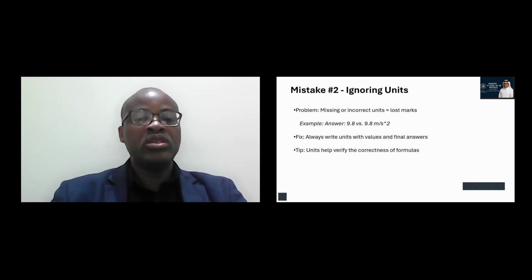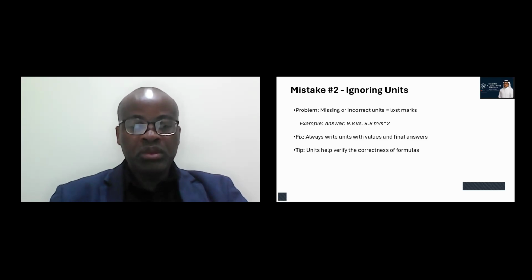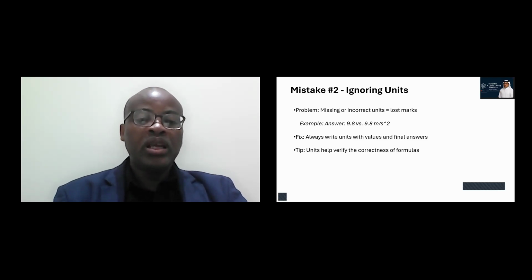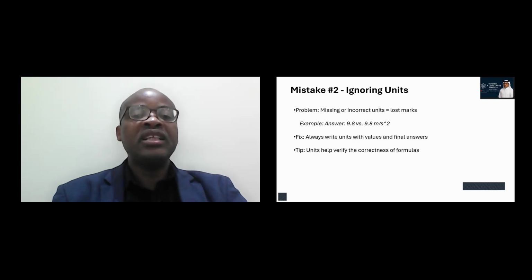That's the advantage of using units and making sure you use your units in the calculation. Because if by error or by mistake, or maybe under exam pressure, you're in a hurry to finish up, if there's a mistake in the way you use the formulas, it's going to show in your units, and that's going to help you to identify that error and quickly mitigate it.